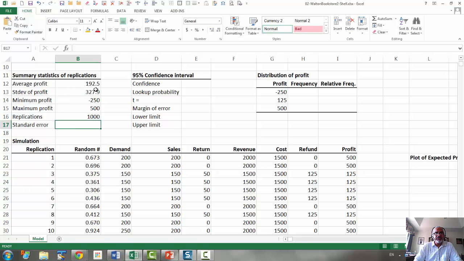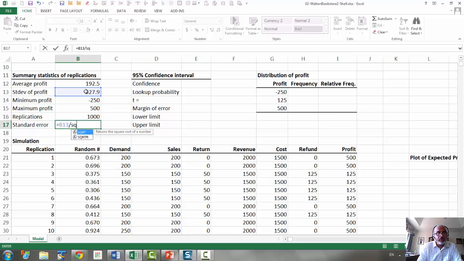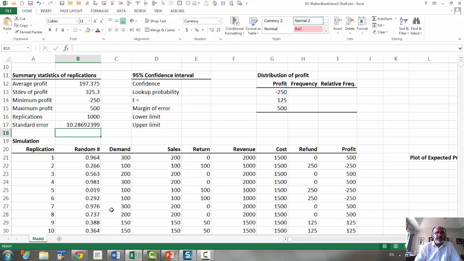Standard error is nothing but the standard deviation divided by the square root of n, and n is the number of replications, so the number of profits we have. So this is the standard deviation divided by the square root of the replications. That will give us the standard error.